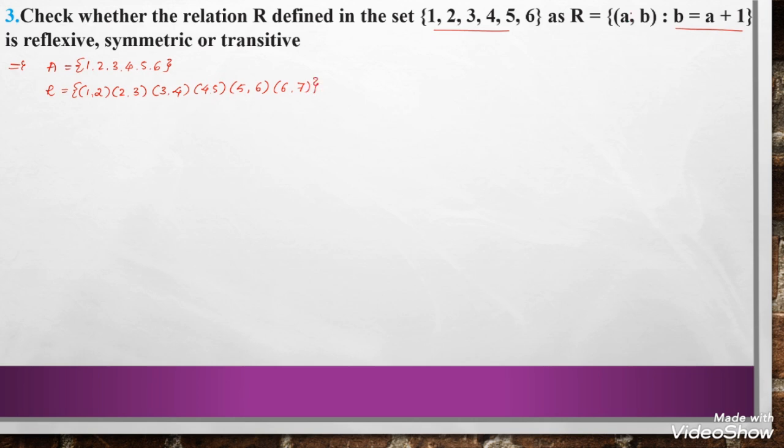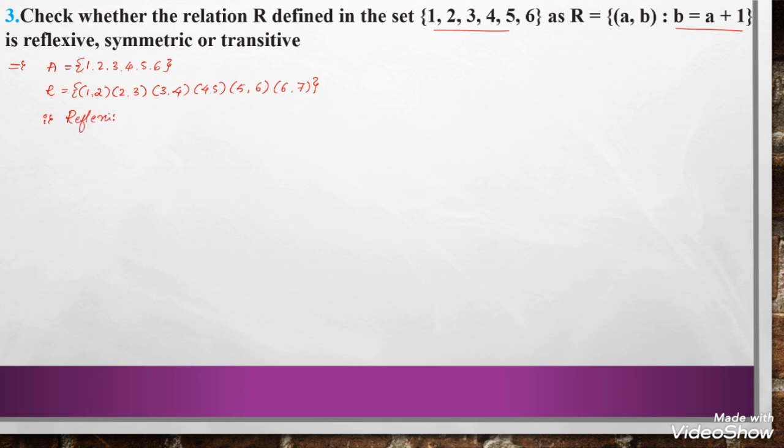Whatever the values of A, here 1, 2, 3, 4, 5, 6, we get the values of B. Based on the relation, we have to check the condition. First one, reflexive condition.